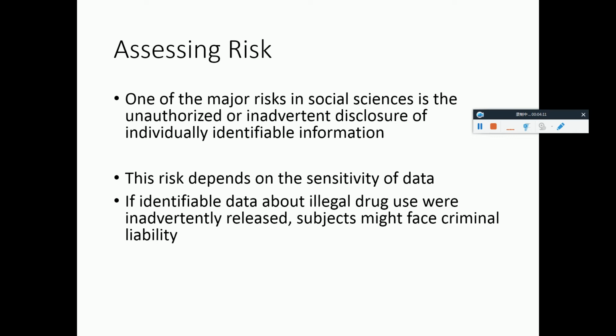Some data are, even though they're individually identifiable, for example, a person's biological sex, legal name, age, or educational background, not really very sensitive. Well, some people consider age a very sensitive piece of information. That's fine, but usually they're not very, very sensitive. But there are some data that are a lot more sensitive than that.